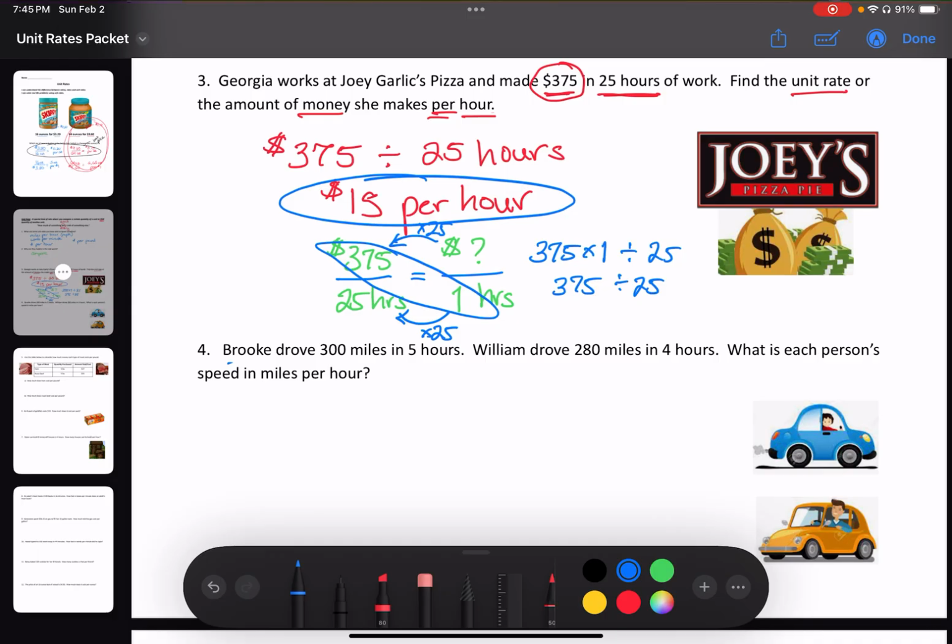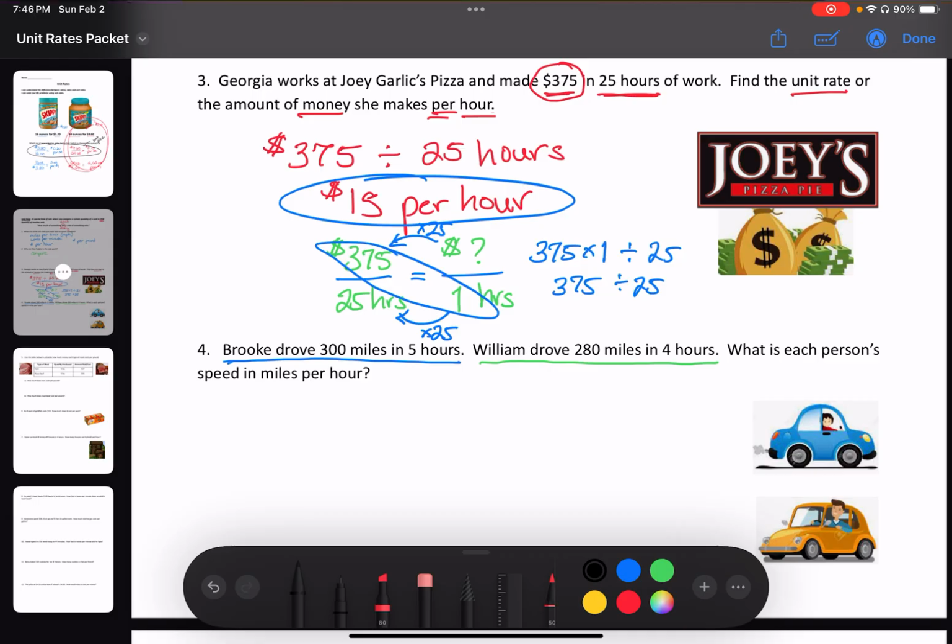Let's try another one that has us compare two different people and their speeds. The first person is Brooke, and she is driving 300 miles in 5 hours. William drove 280 miles in 4 hours. What is each person's speed in miles per hour?